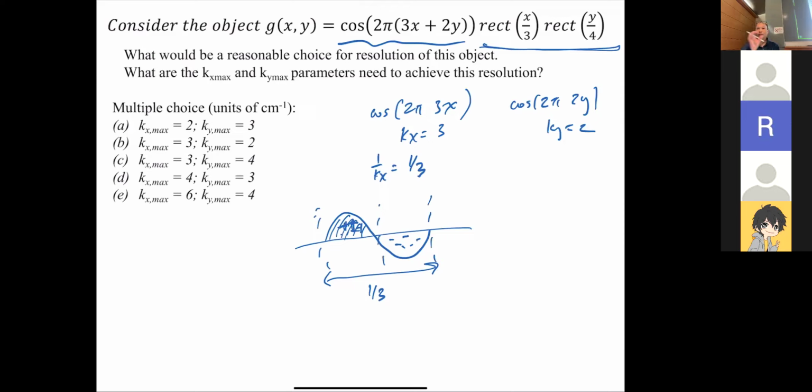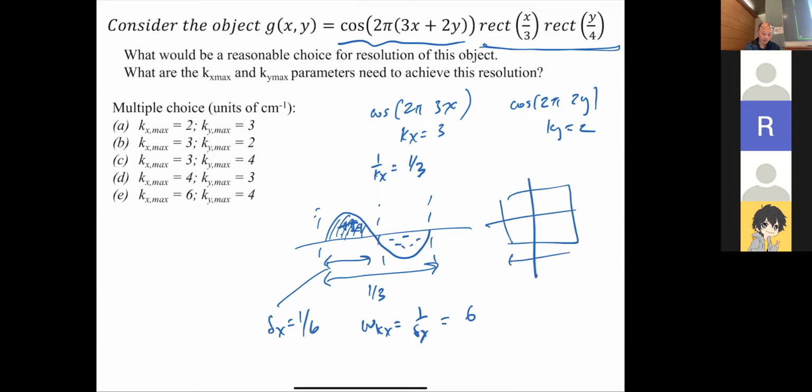So my resolution should probably be delta x equals 1 over 6. That'll be a reasonable resolution for an object that's oscillating with that period. Therefore, I know my WKX, which is 1 over delta x, would equal 6. Just applying the design rule. And remember that WKX is the whole span.